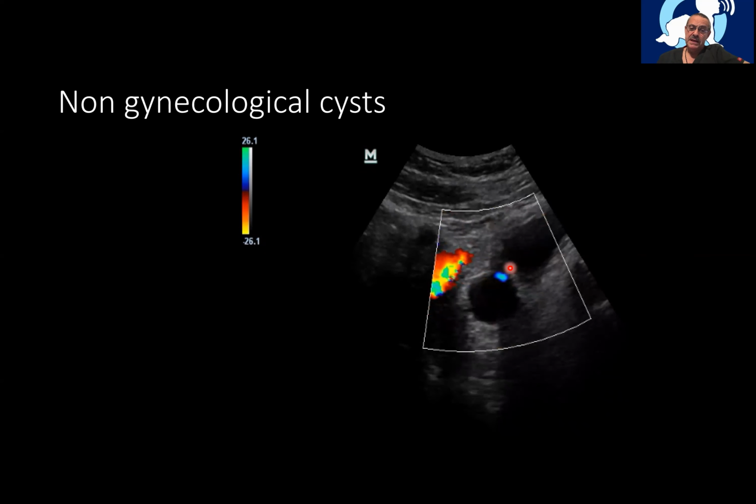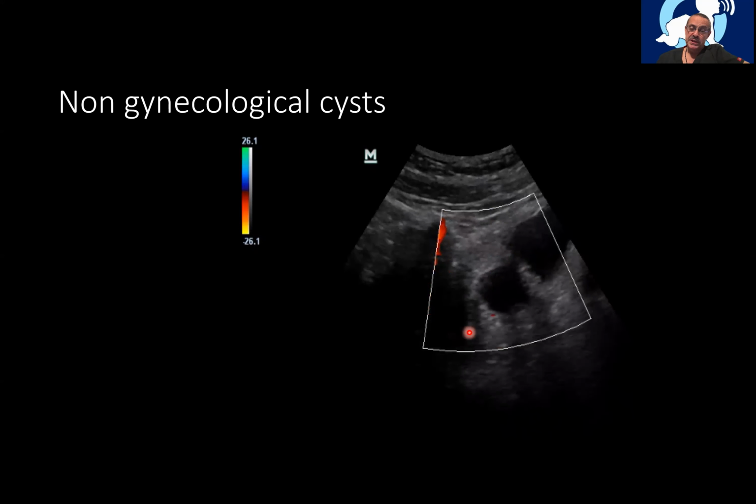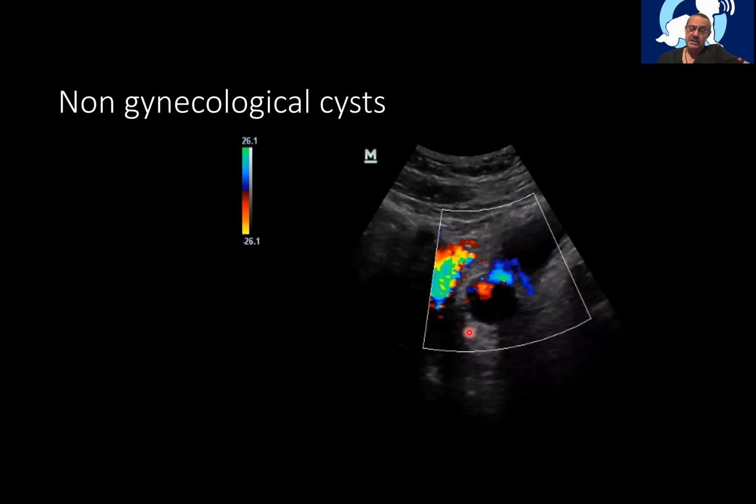If we press on the bladder or press on the pelvis, there's flow between the cyst and the bladder. So that's not gynecological, that's urological. That's a bladder diverticulum.